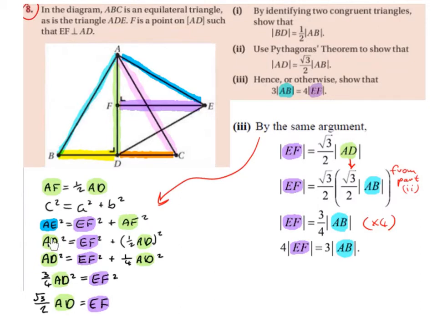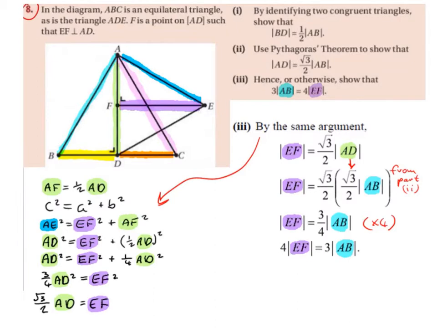A half squared is a quarter. Now we bring the quarter AD squared over the equal sign, and it becomes minus a quarter AD squared. 1 AD squared minus a quarter AD squared is 3 quarters AD squared, and this is equal to EF squared.